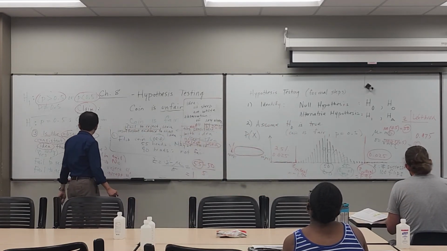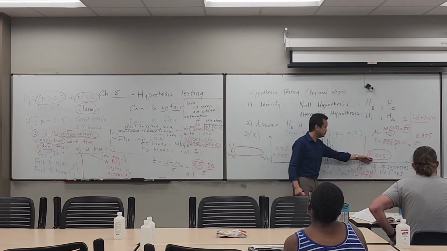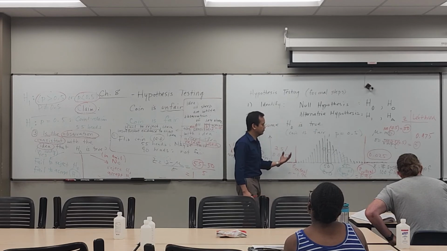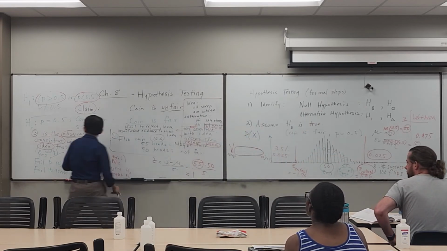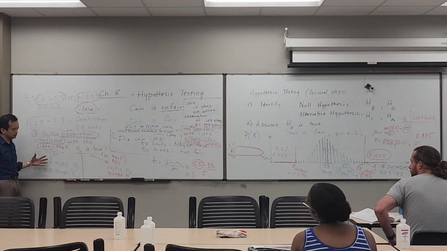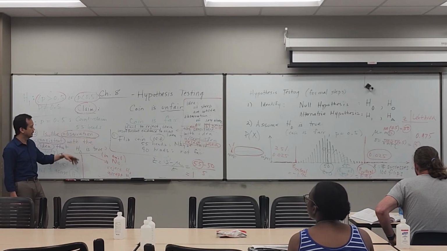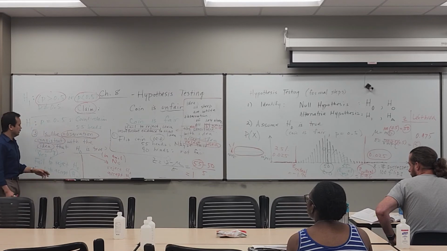So based on step 2, we decide whether the observation is in the body or the tail by comparing these two z-scores. And once we decide whether the observation is in the body, for example, then we go to the left side in green of conclusions. The observation is in the body. If the observation had been in the tail, like 90 heads observed, then that would be the right side of conclusions, or the red here.